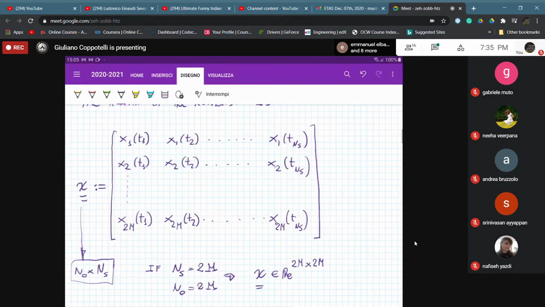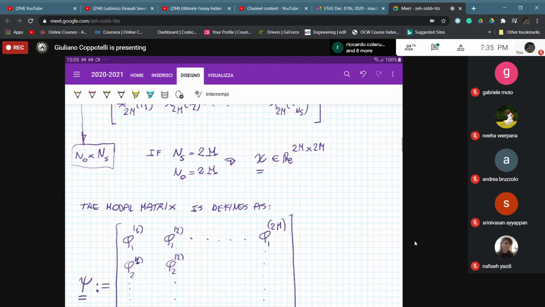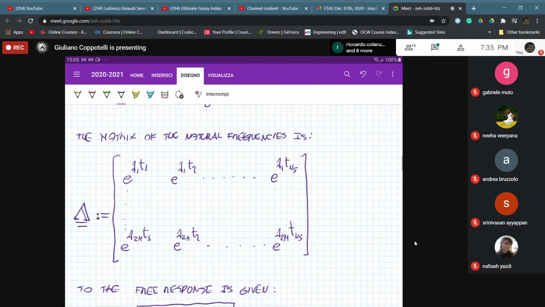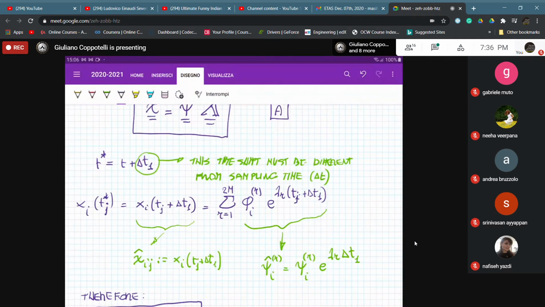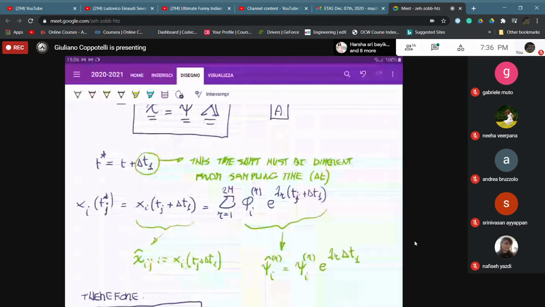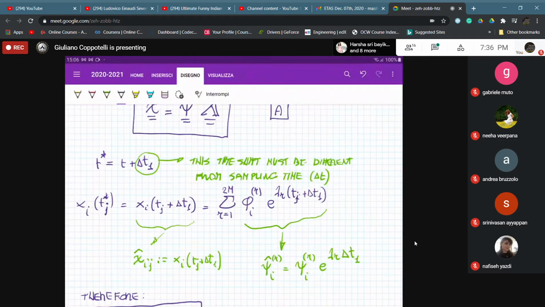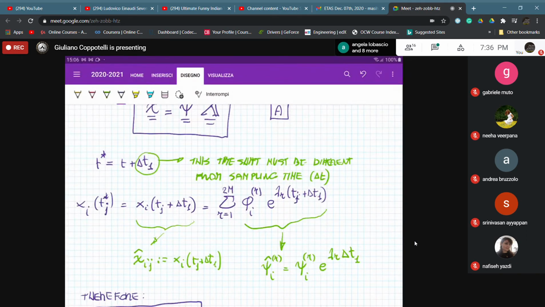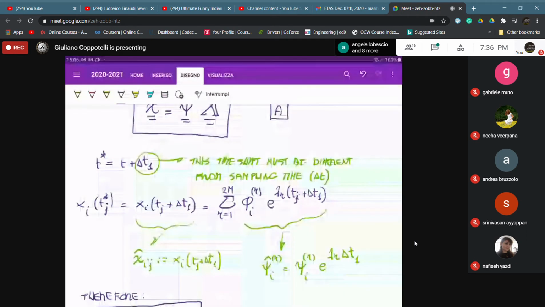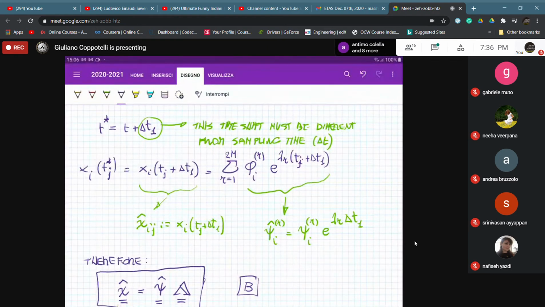We build the chi matrix, the modal matrix, and the modal natural frequency matrix in the way that I showed. Then we consider a time shift, and that is the peculiar thing of this approach. Because we have a large number of time samples, there are lots of responses allowing us to consider a time shift delta T1 to rebuild the new matrices that we call hot chi and hot psi, as we defined before.